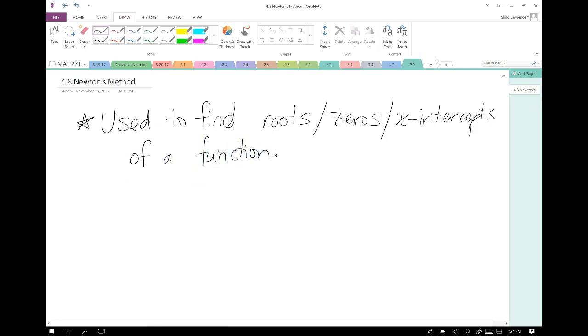And it's just a formula that uses the derivative. So it's an iterative process, and that means it's a formula, it's a function that we use over and over and over again until we're satisfied to the point where we think we're close enough to the intercept.